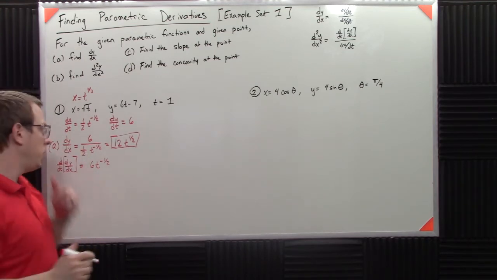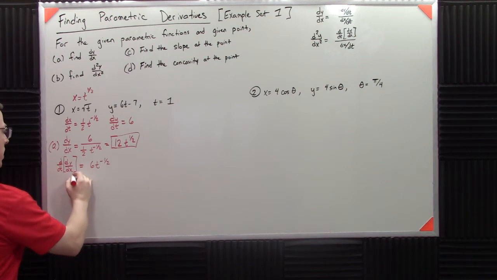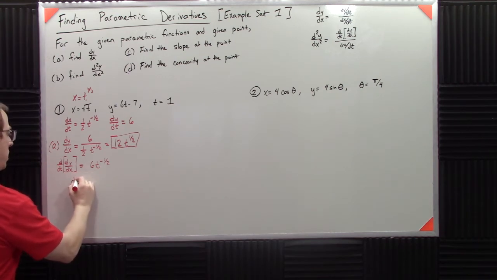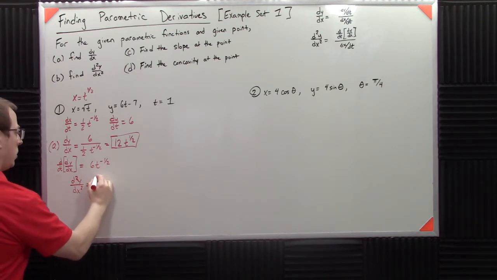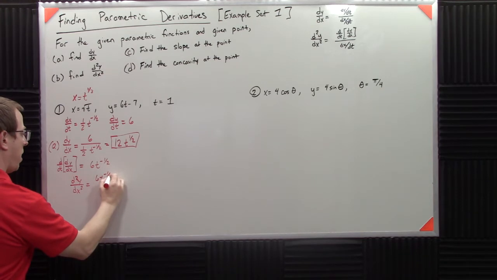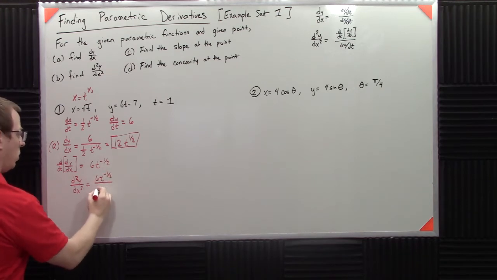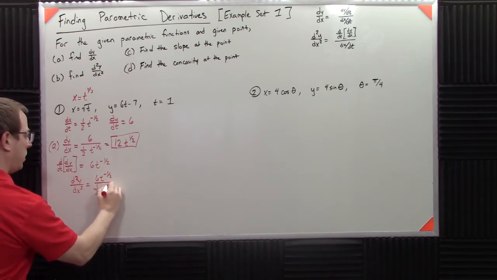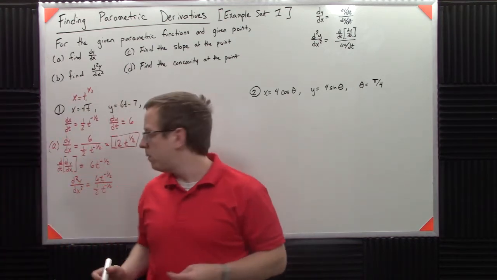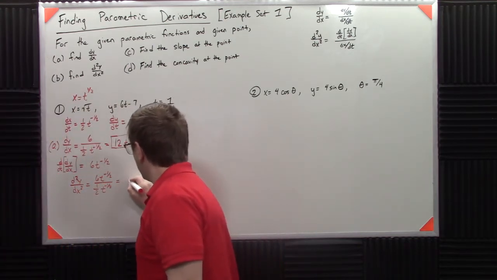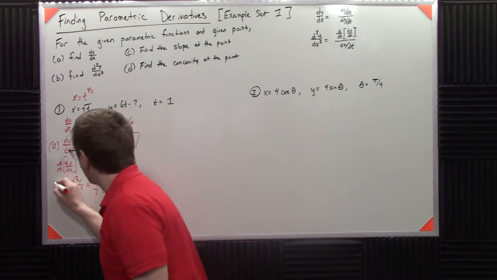So we just have to put this together. We have to say, all right, d2y dx squared is 6t to the negative 1/2 over 1/2 t to the negative 1/2. Well, those t's to the negative 1/2s cancel, getting us 12. So this is part B.